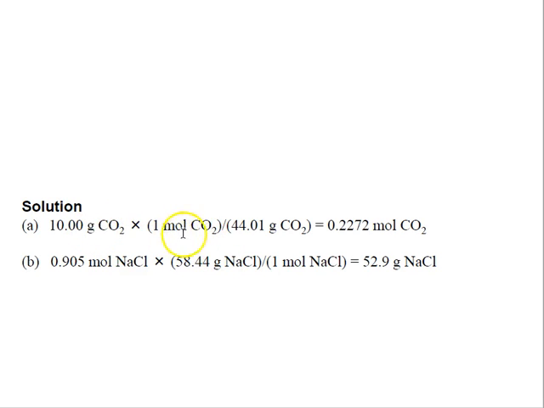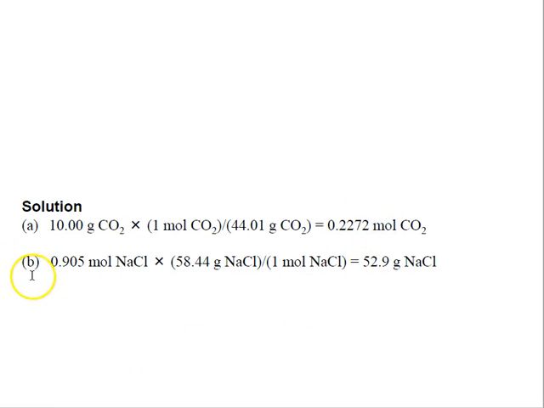So we put moles in the numerator and then our mass of carbon dioxide in the denominator so that the grams of carbon dioxide cancels, in that you have grams of CO2 divided by grams of CO2 goes to 1, and we're just left with moles of CO2. So 100 times 1 divided by 44.01, we get something like 0.2272 moles of CO2. And then they started with 4 significant figures, and the answer also has 4 significant figures.